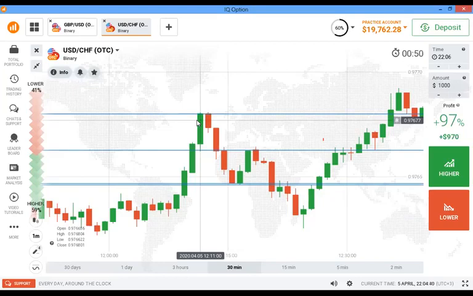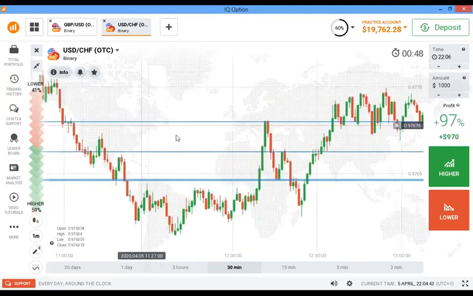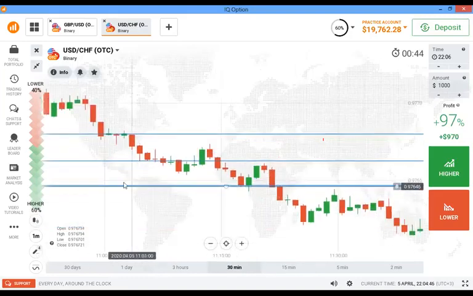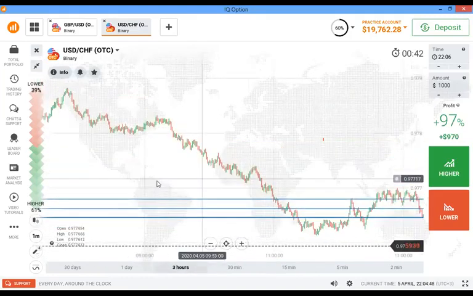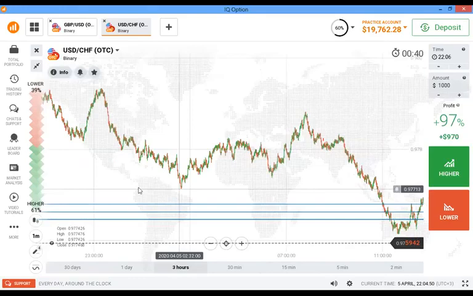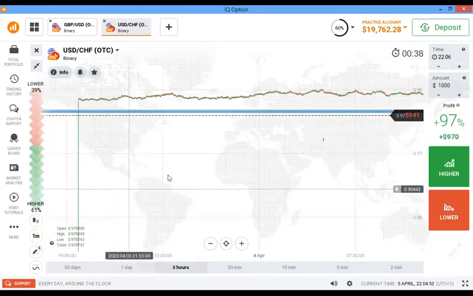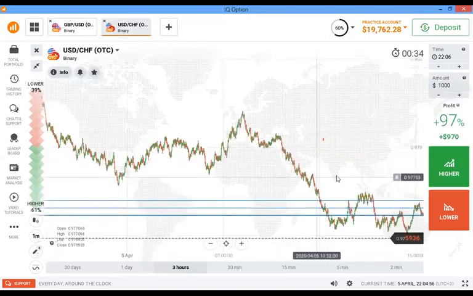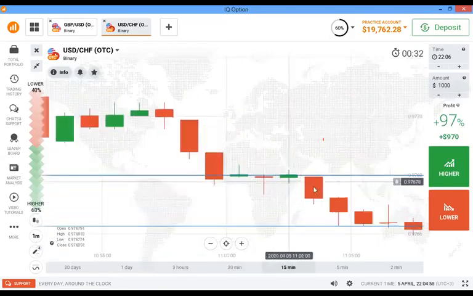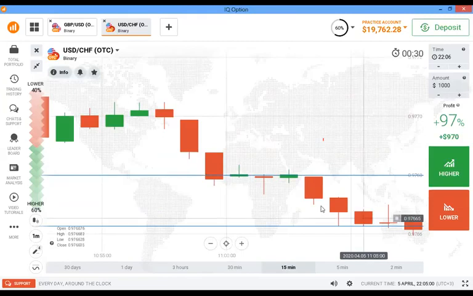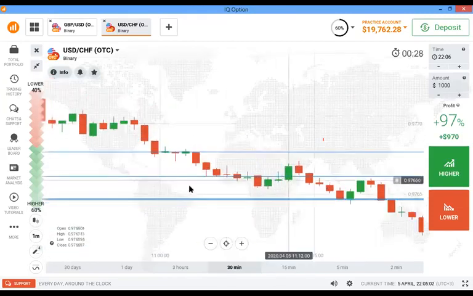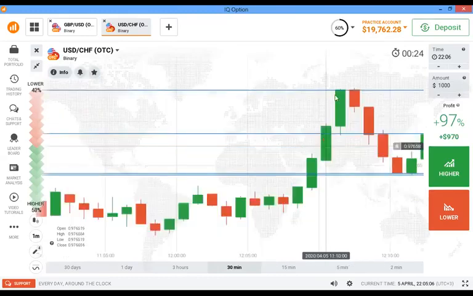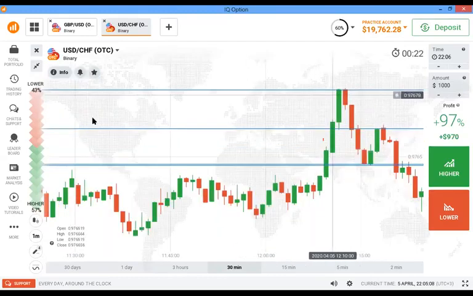This is an exhaustion candle from this level. Sellers enter very strongly, and there's a level here. If you check on the left side, there's a support level. So here the sellers entered very strongly. So this is an exhaustion candle, a long bullish candle, closing at the key level.